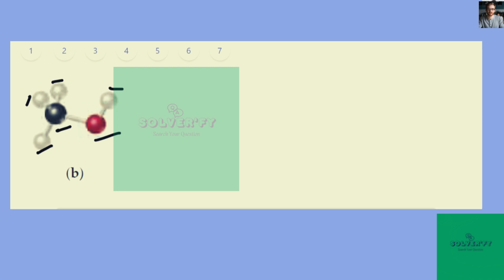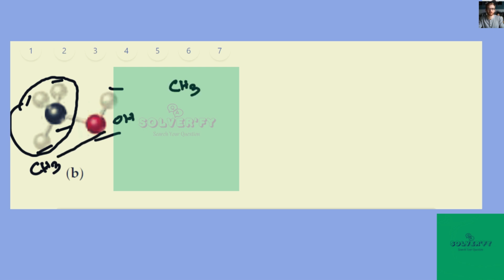Three of them are bound to carbon, that means it's CH3, and then oxygen, and then the rest of the hydrogen is bound to that oxygen, that means this is an OH, and this region is CH3. So CH3OH is the formula of the compound.